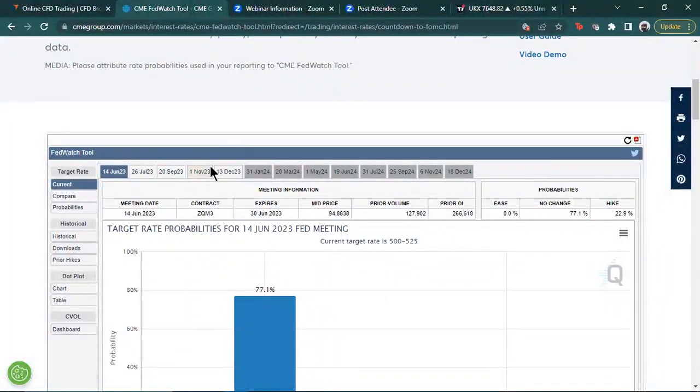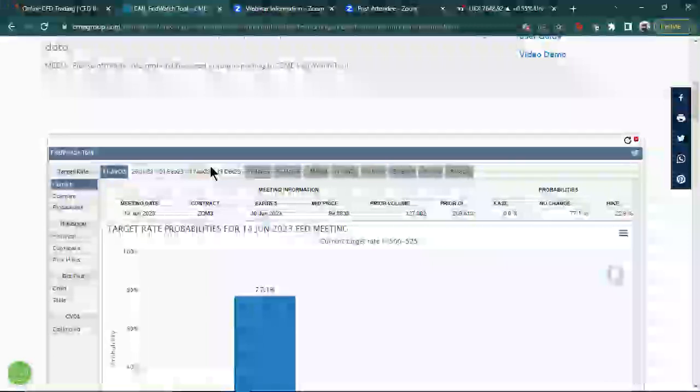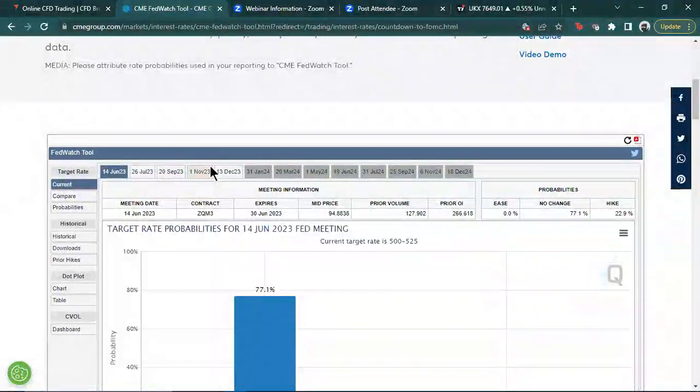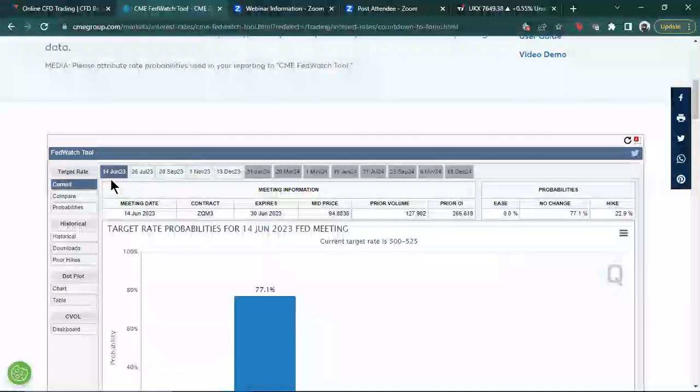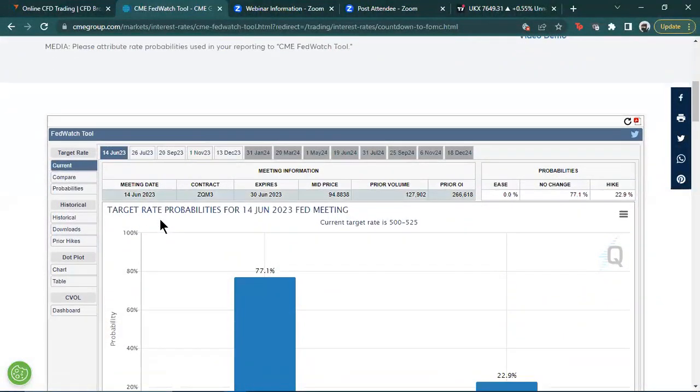It basically uses 30-day Fed funds futures, which have been quite relied on to express market views as to the likelihood of changes in US monetary policy. So it's a great tool to visualize both current and historical probabilities of various FOMC rate change outcomes for a given meeting date. You can see here the next date, obviously next week, the 14th of June.